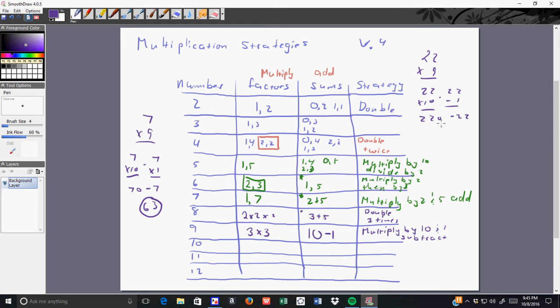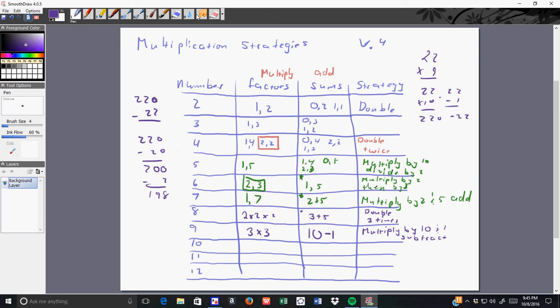Once again, be smart about this. I'm not going to do 220 minus 22, right? I'm going to do 220 minus 20, which is 200, and then I need to take away 2 more, which is 198.